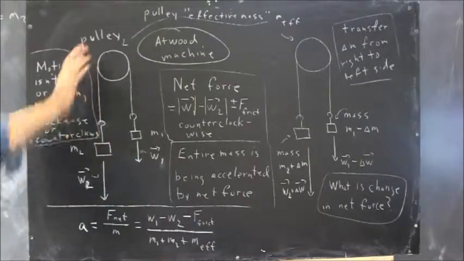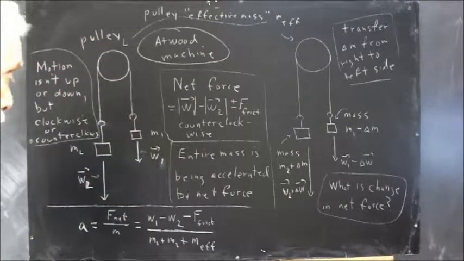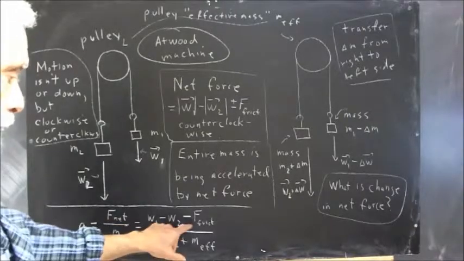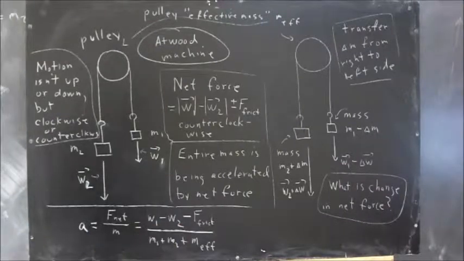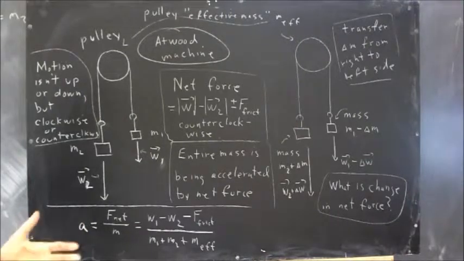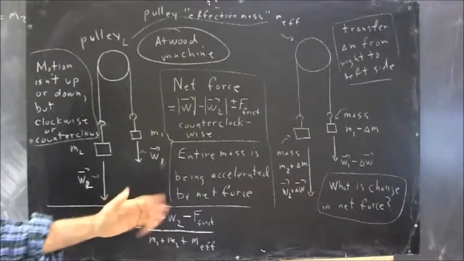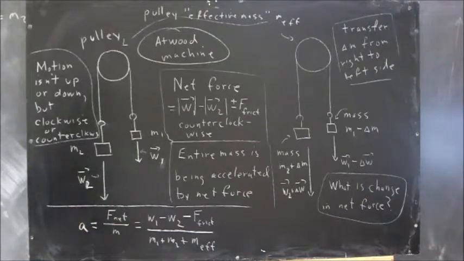In any case, if the system was moving in this direction, then the expression would be the same, except the frictional force would have a positive sign on it. And you can reconcile that with your intuition and by analogy with some things that you should know about the motion of a mass up as opposed to down the incline.